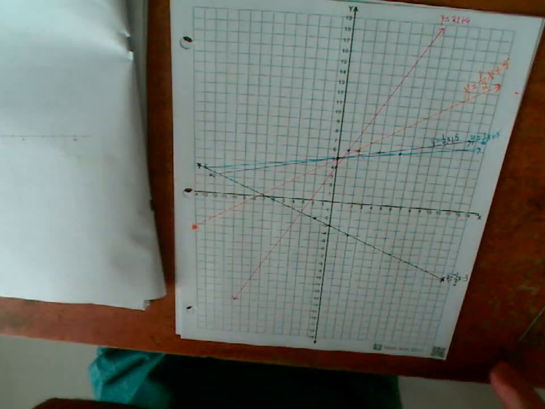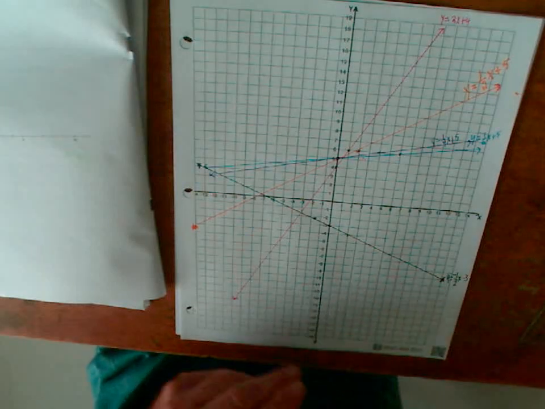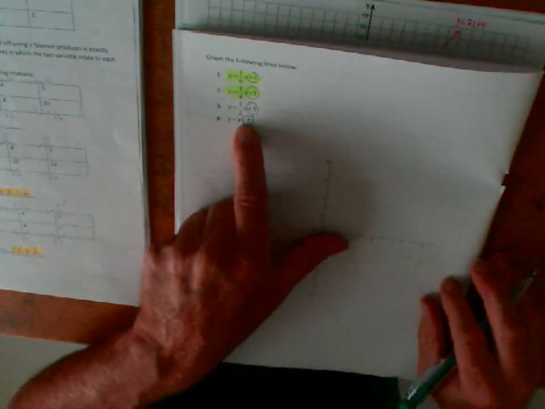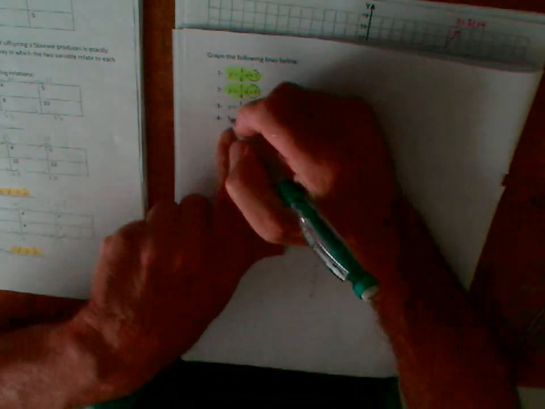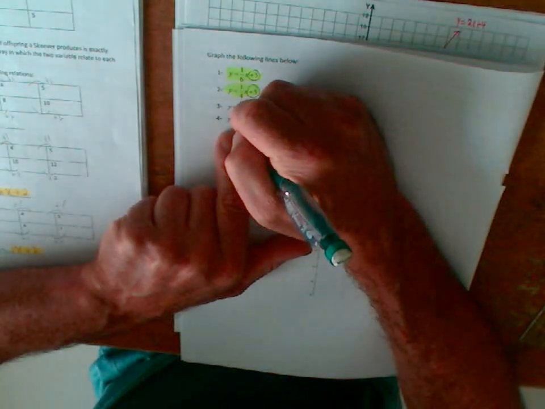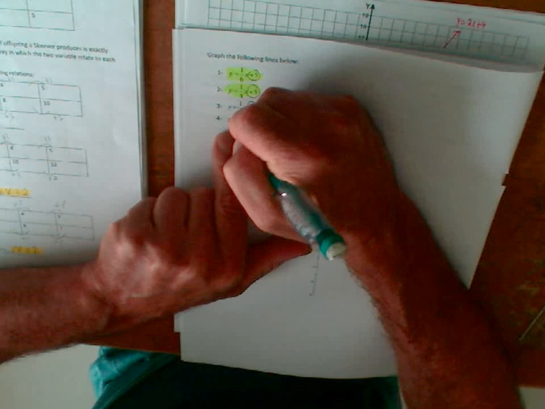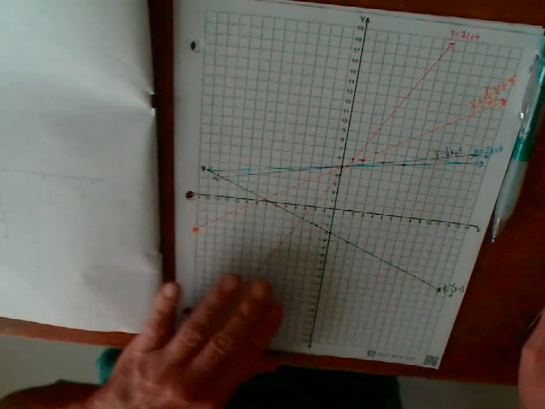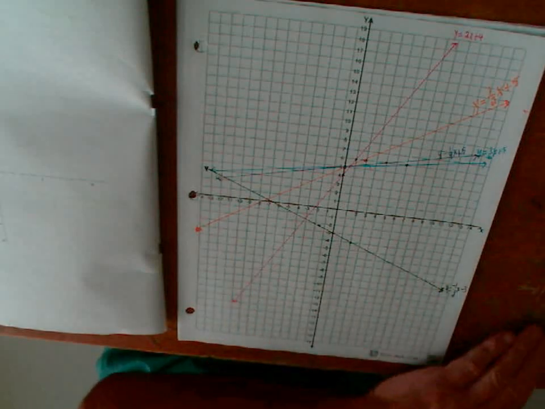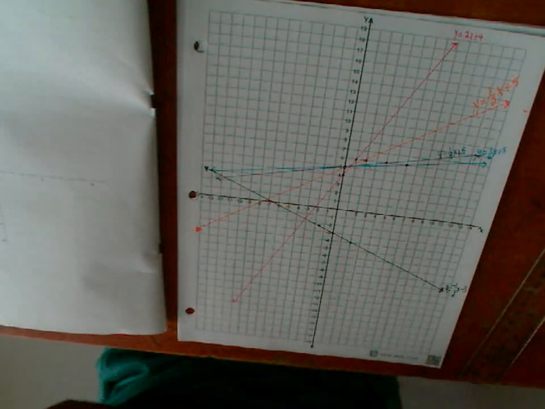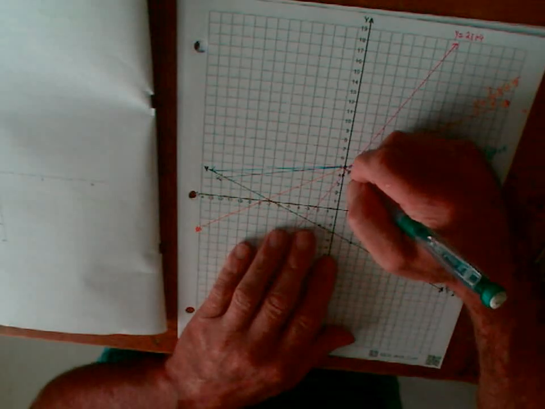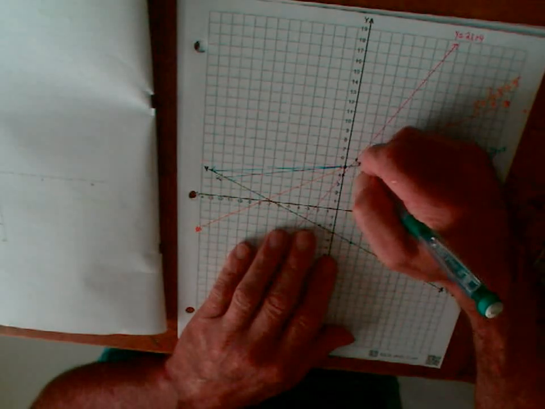And the last one, y-intercept is still 5, but our slope, there's no numbers there. So if there's no numbers in, they're both going to be 1. So rise 1, run 1. And we're going to do this in green. Rise 1, run 1.